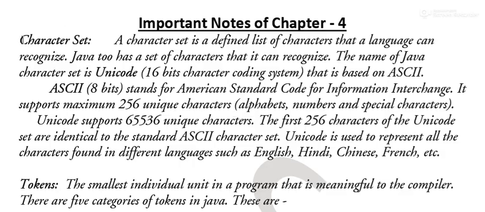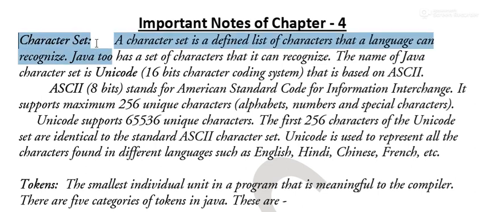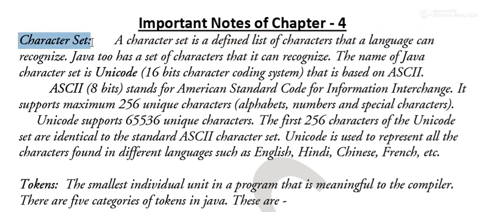In Java, every character is represented through a code. This code is called Unicode. There are two most popular standard codes to represent character, that is ASCII and Unicode. ASCII uses 8-bit code, whereas Unicode represents 16-bit characters.